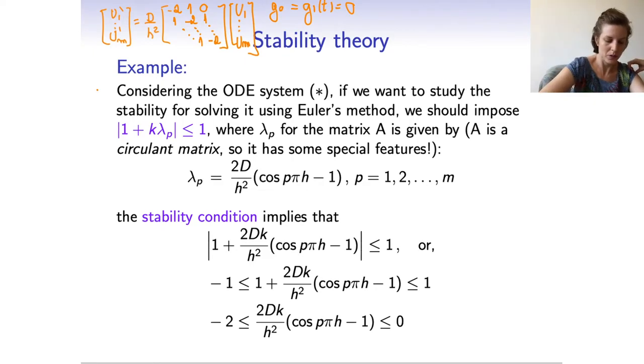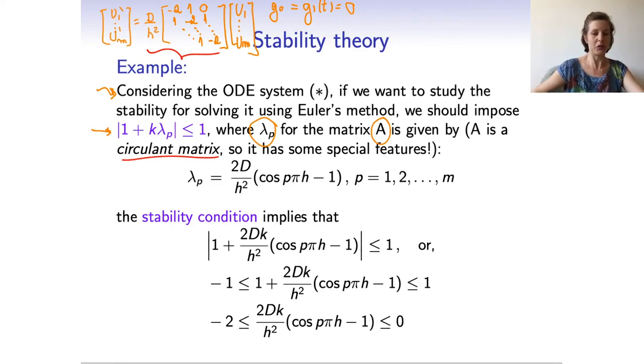So considering this ODE system, we want to study the stability for solving it using the forward Euler's method, and therefore we should impose this condition, where lambda p are the eigenvalues of the matrix A, where A is this matrix here, and it is called a circulant matrix. You can see this in the appendix of the LeVeque book.